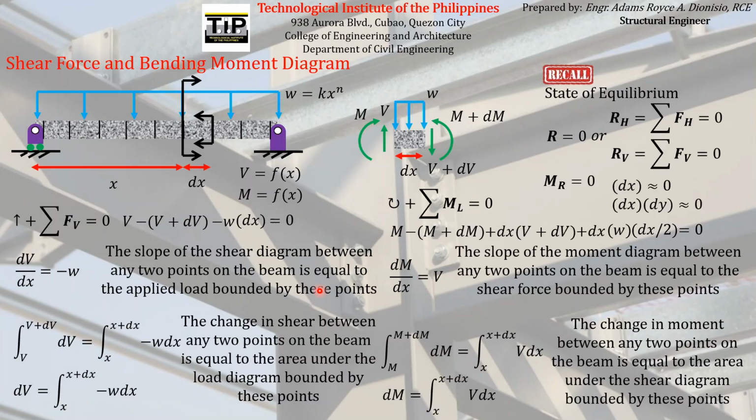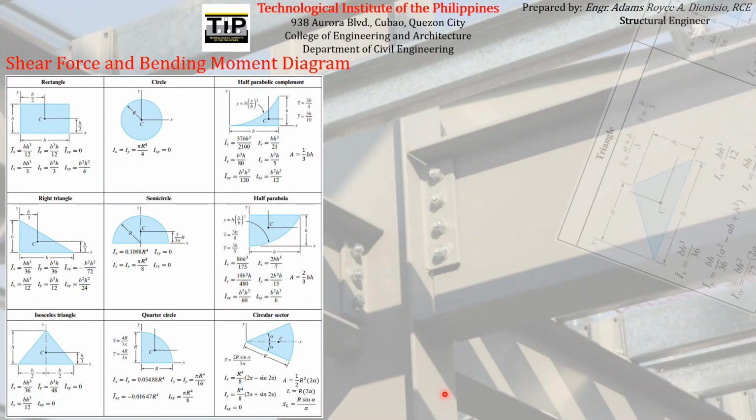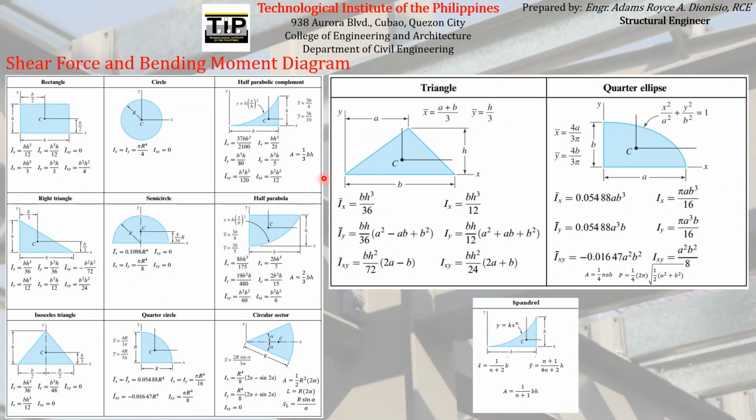So as you can see, we are referring to some kind of areas here. So actually we can use integration to find these areas that we have shown here, but a very easy way is just to memorize the formula on how to find the areas of certain common shapes, because usually the shapes of the loads being experienced by a structure, say for example a beam, can be represented by these common shapes.